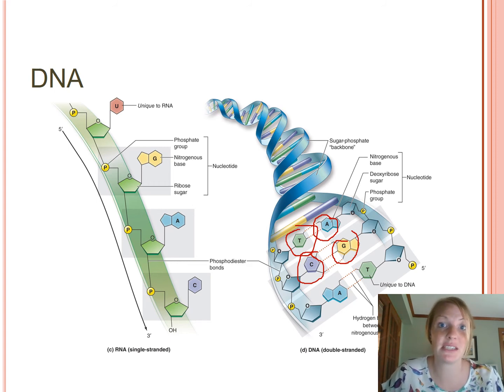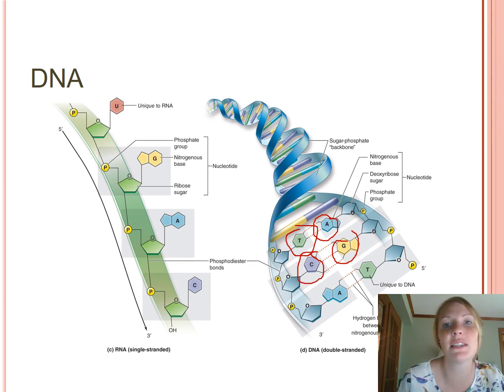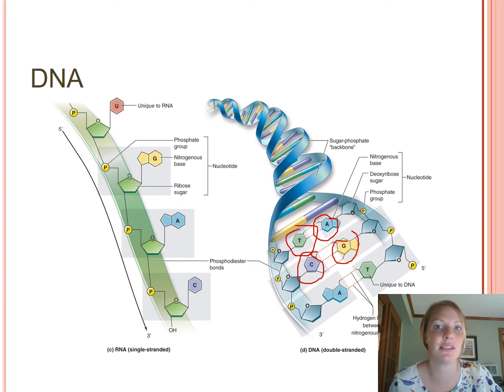There are only 4 different letters or nucleotides in DNA, but you can arrange them in millions of different orders, and the order could be 10 nucleotides long, which would be a gene, or it could be thousands long. Genes are segments of the DNA that code for something specific, and it's really just the order of A, T, C, and G that determines what a gene has to say or what instructions it holds. It's really kind of amazing.